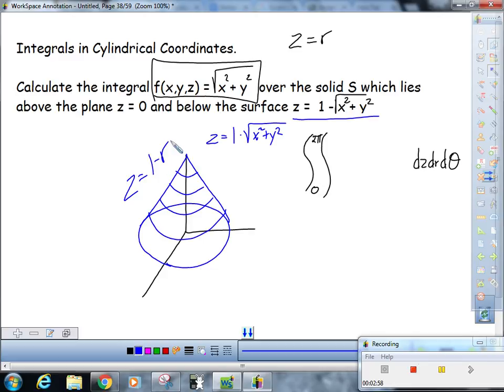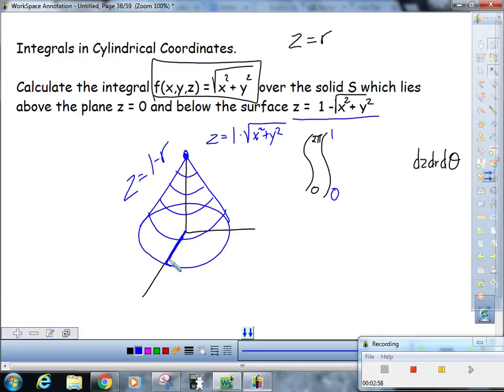Okay? So, the plane is z equals 0. This point right here then becomes 0, 0, 1. And so r is just going from 0 to 1. You could also imagine that this right here at the bottom, this is a radius of 1. Okay? So then we just got to think, what's z doing?